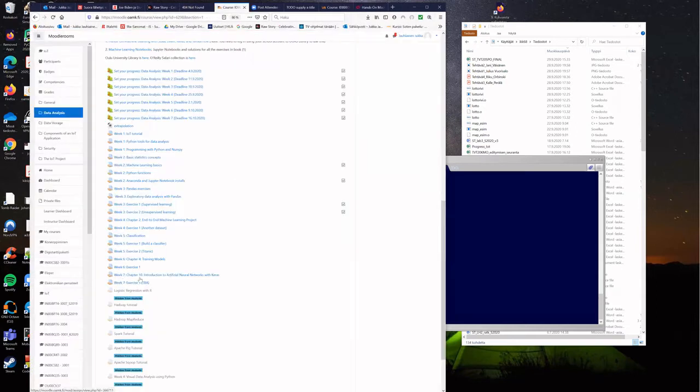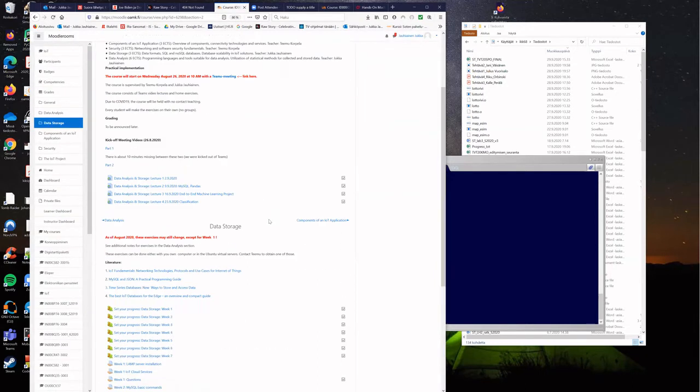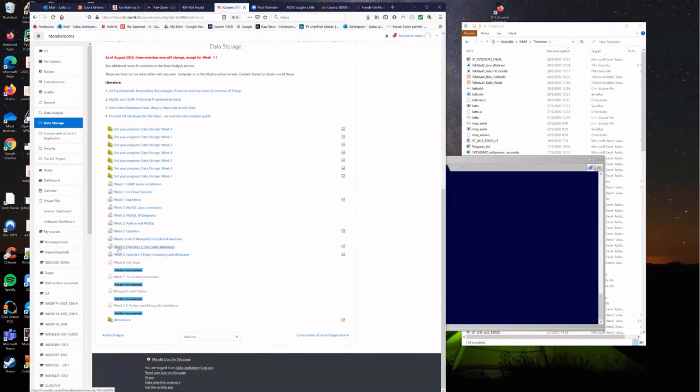So there is one exercise I have to build here for week 7. Today we are discussing training models, and for the data storage there are two quite easy questions for week 5.